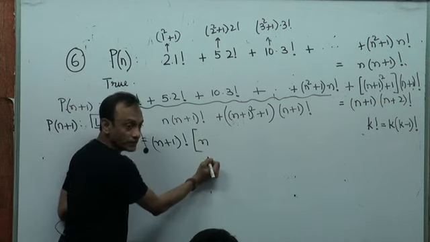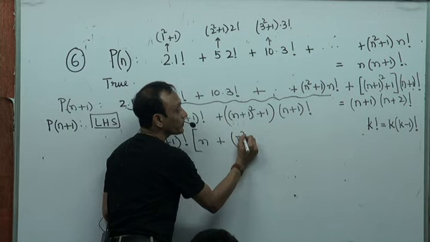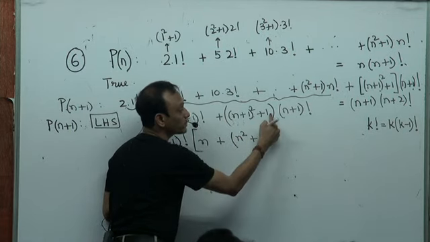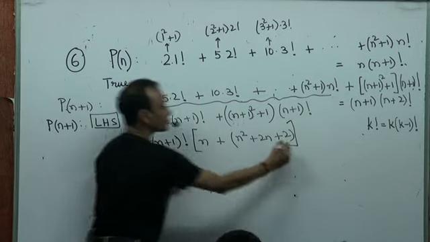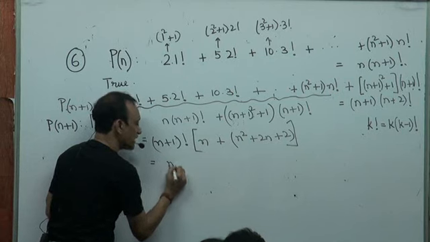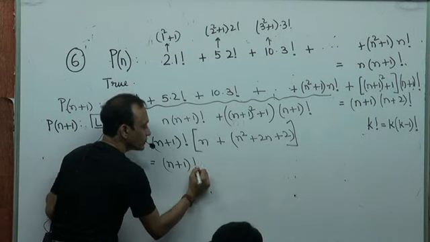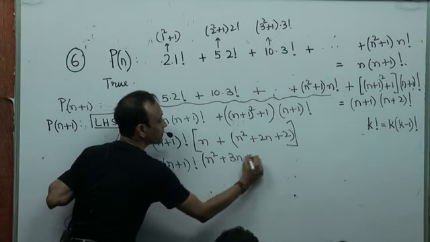Then I am left with n here. And then this is like n square plus 2n plus 1 plus 1, 2. Yes or no? So this is like n plus 1 factorial into n squared plus 3n plus 2.